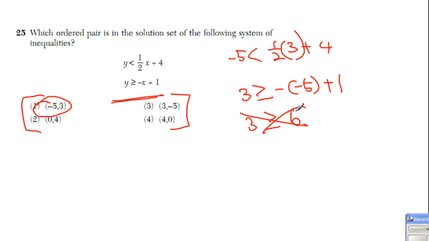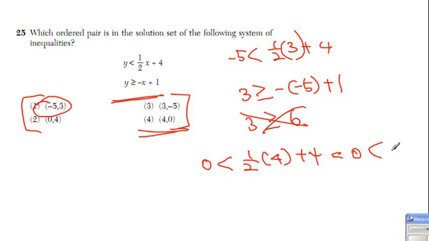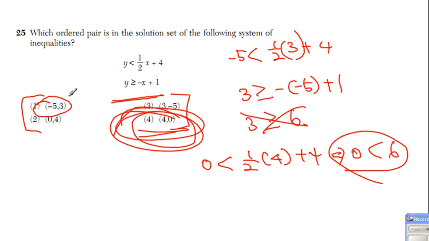No. So therefore negative 5 comma 3 wouldn't work. Let's try the last one. How about 4 comma 0? Then I'm going to put 0 has to be less than 1/2 of 4 plus 4. 1/2 of 4 becomes 2, and then this becomes simply 0 is less than 6, which makes sense. So therefore our answer will be choice D.